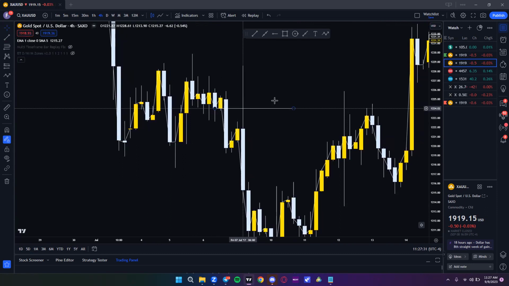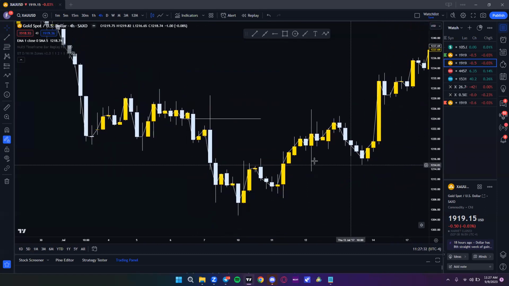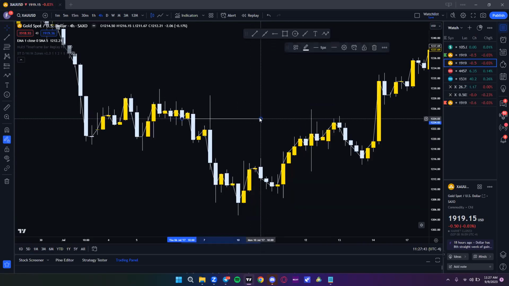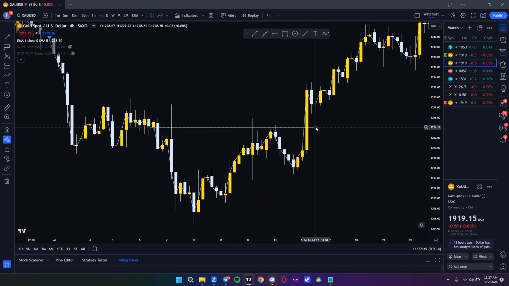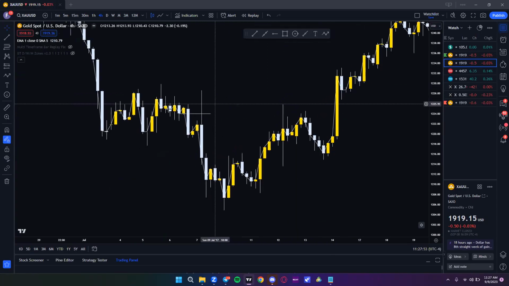Type 1. And what we can see right now is that price rejected this level, and then price rejected it again, and eventually it broke out. Let's focus on this first rejection first.